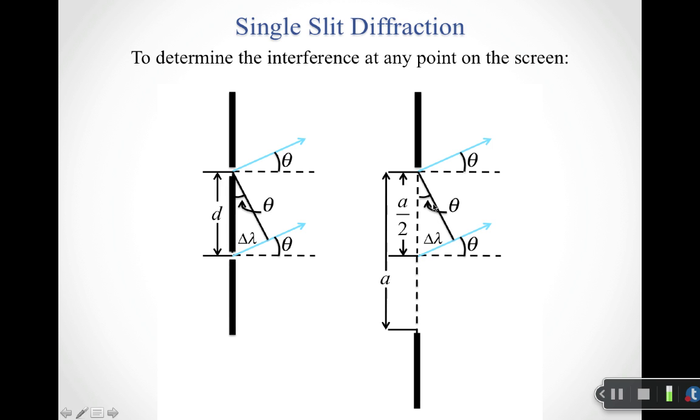And so if we want to think about angles where we have this path difference at some angle theta, well, again, here's my right triangle. So I know that the sine of this angle theta is going to be opposite over hypotenuse, so it's going to be my path difference over A over 2. And so all we're going to do is say, fine, let's just solve this for the path difference.